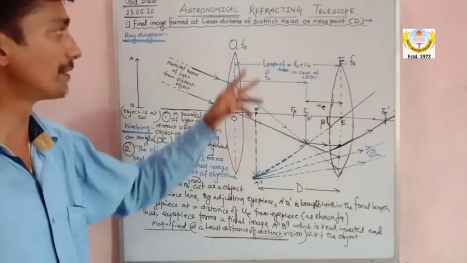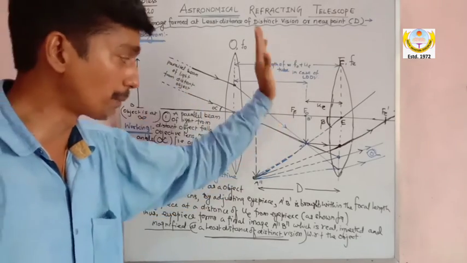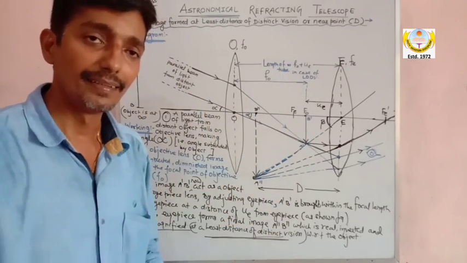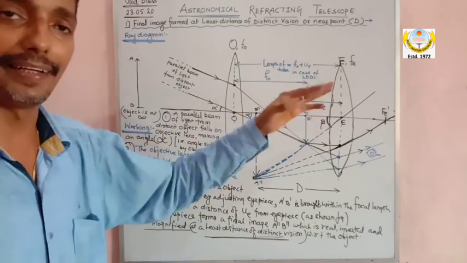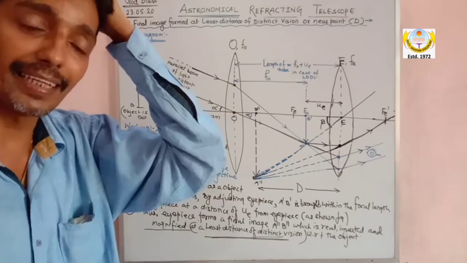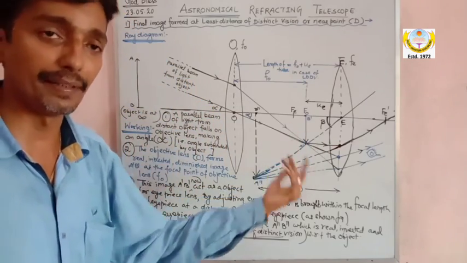And this is the difference between image at LDDV and image at infinity. Image at infinity is brought at FE. That is, FO and FE will coincide by adjusting the eyepiece in the infinity case.